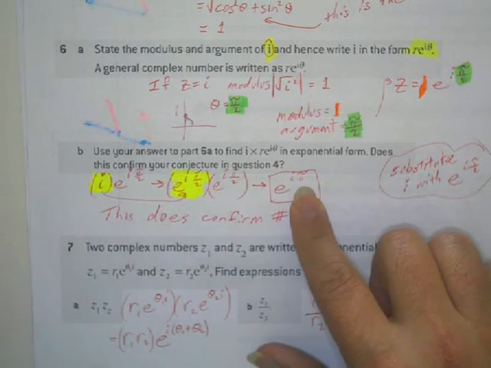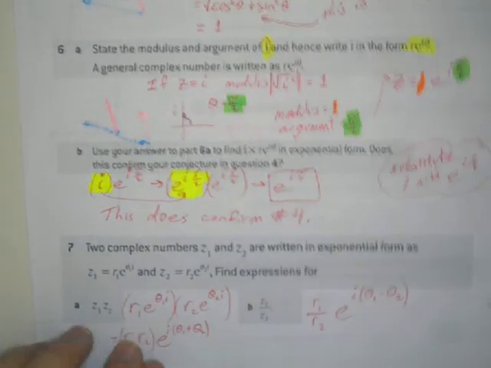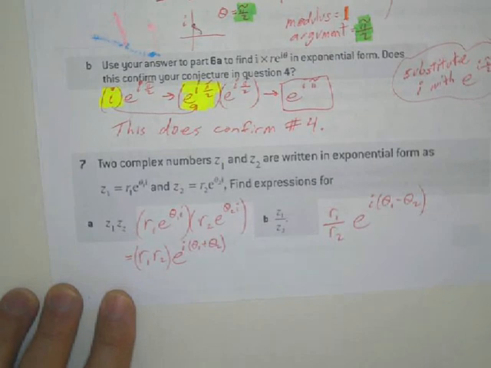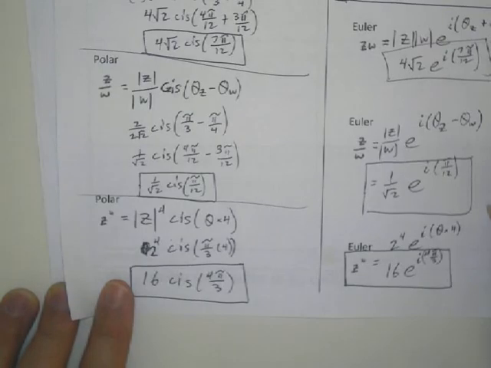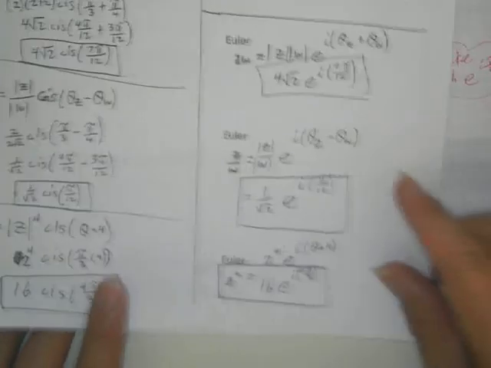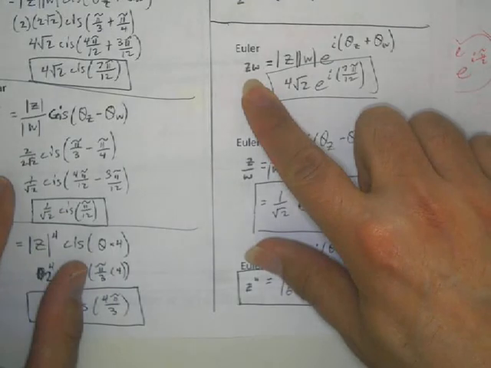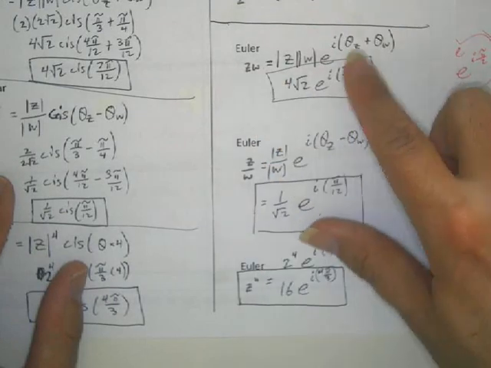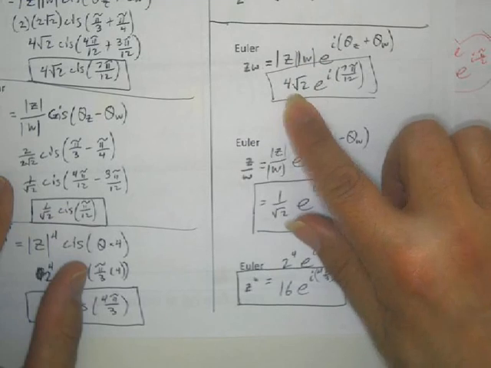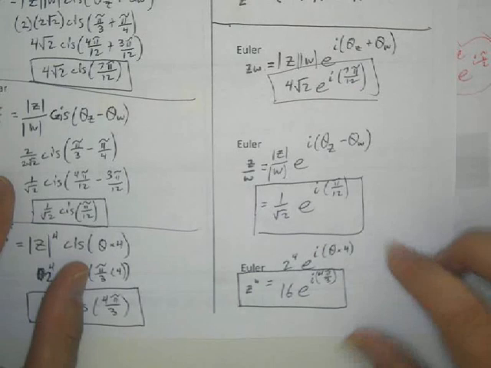to simplify. Okay. So the most important thing from this lesson, and you did this in this assignment here with Revision Village, is when you're in Euler form, when you're multiplying two complex numbers together, you're going to be multiplying the moduli together, and you're going to be adding the angles together. Okay.